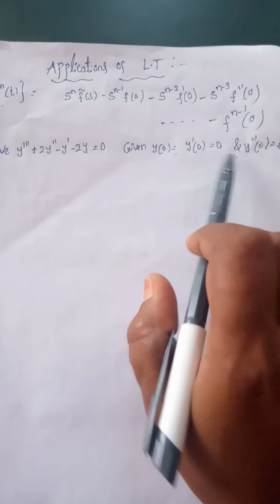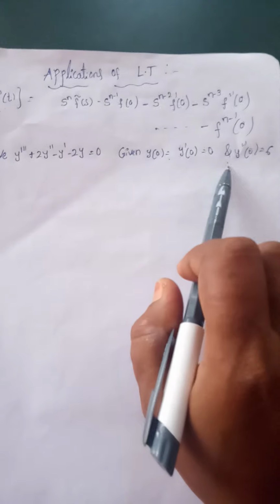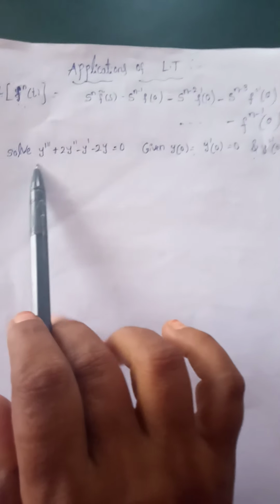In the given differential equation, y triple dash appears, and conditions up to y double dash are given. If not given, you can suppose that value to be a constant.